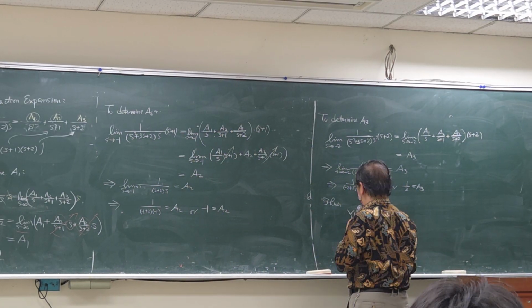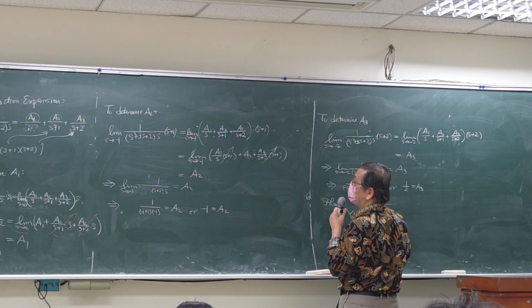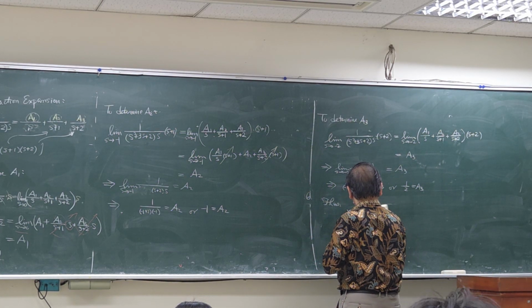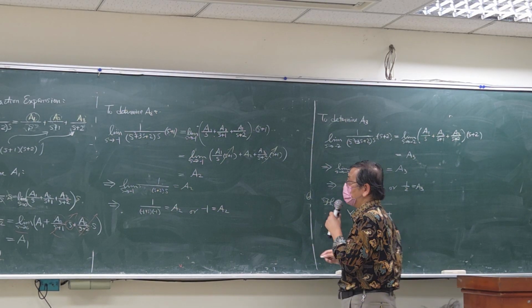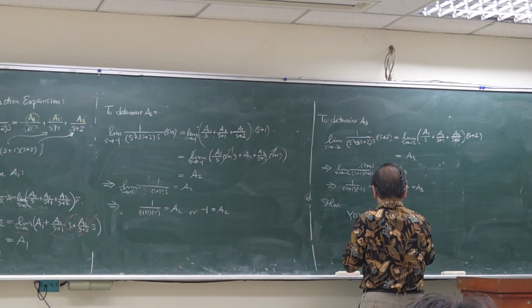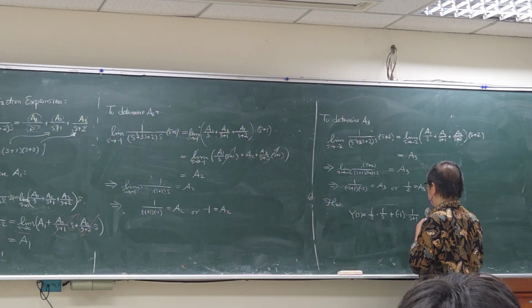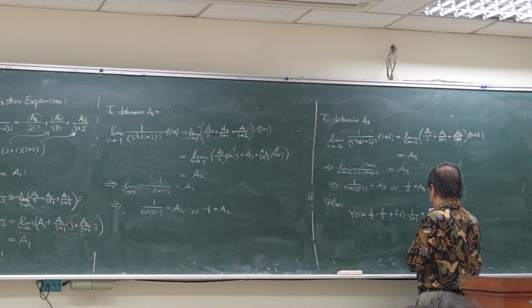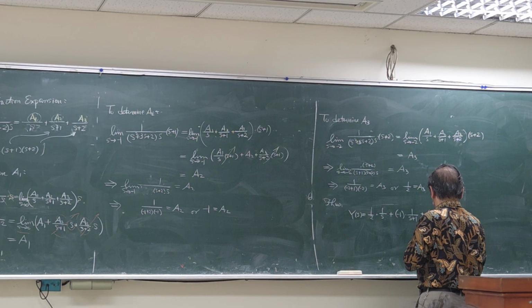A1 is 1 half times 1 over s, plus A2, which is negative 1, times 1 over s plus 1, then A3, which is 1 half, times 1 over s plus 2.